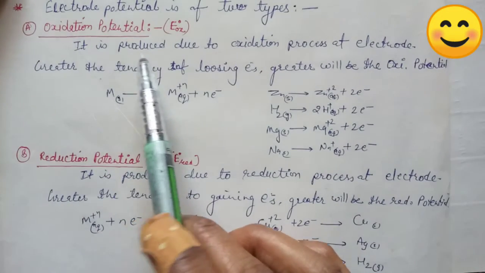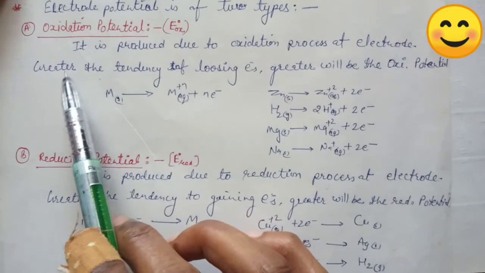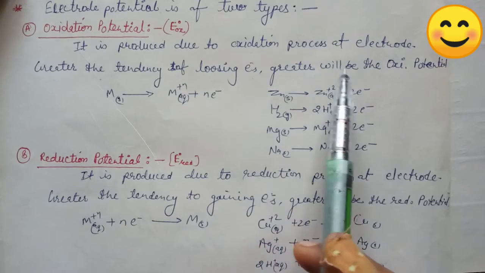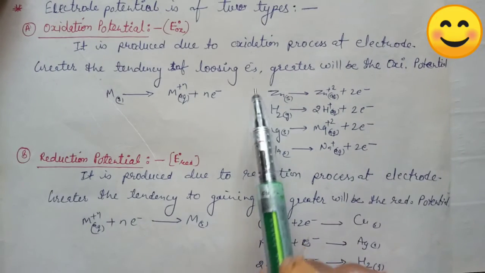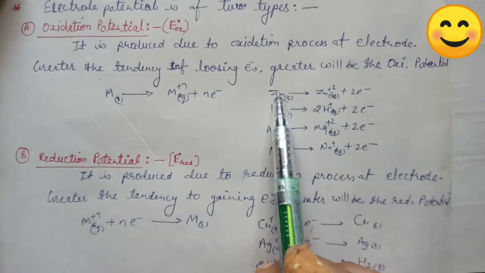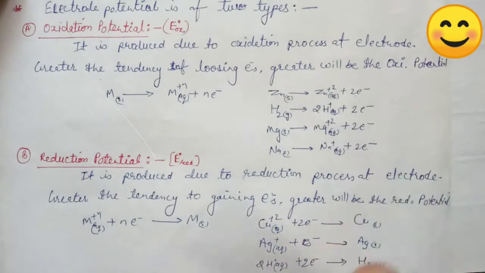It is produced due to the oxidation process of the electrode. The greater the tendency of losing electrons, the greater the oxidation potential. A zinc rod easily loses its electrons, so its oxidation potential is high compared to Cu, Fe or Cd.